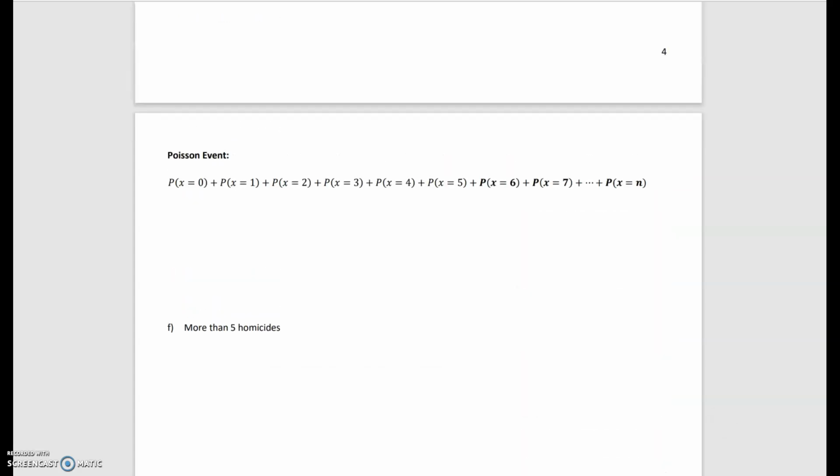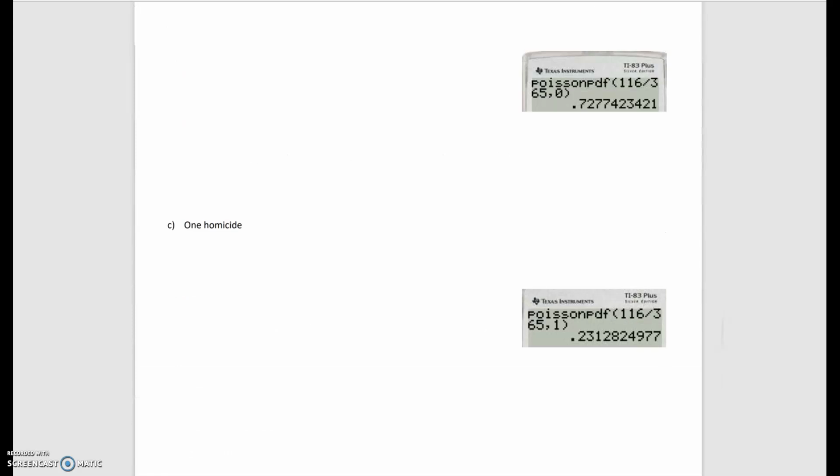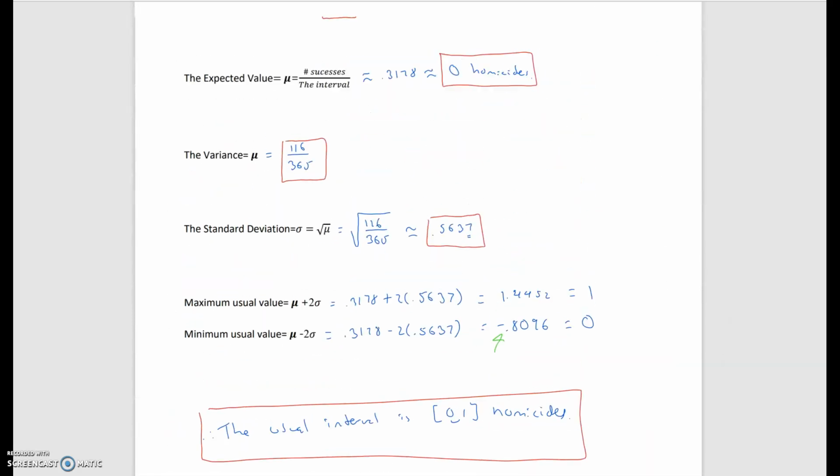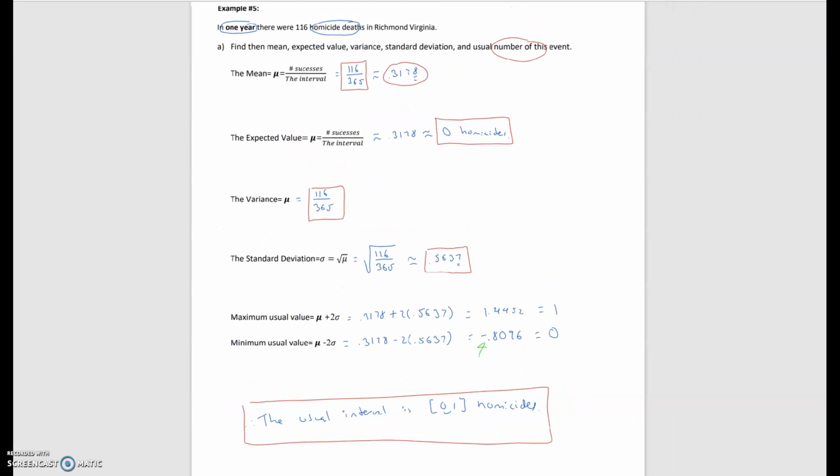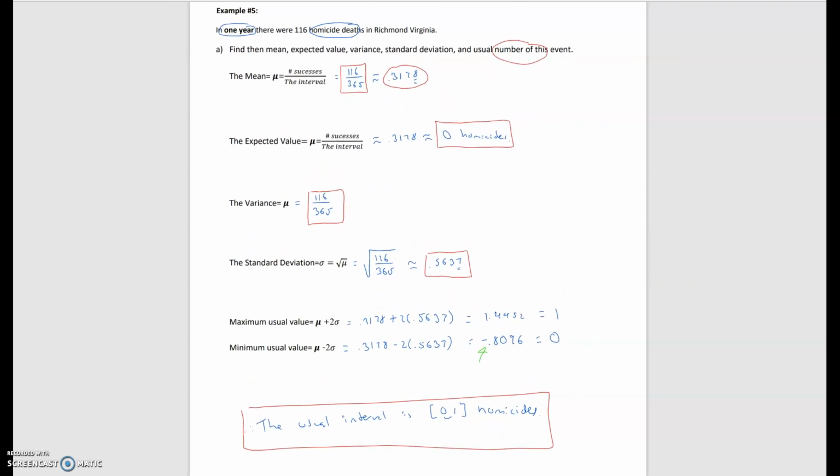So unfortunately, in this city, they're expecting to see anywhere between 0 to 1 homicides within the given interval. In this case, the interval that we're using is 1 year.